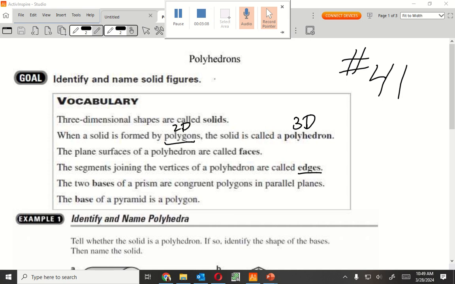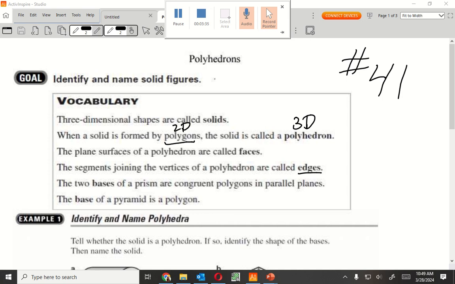Two bases of a prism are congruent polygons in parallel planes. So now, that means that, see the top right here and the bottom right here? These two, if they're congruent, then these two are going to be the parallel top and bottom. Left and right are also going to be parallel in this shape right here. And the base of a pyramid is a polygon. Now, a pyramid, you guys know, goes to a point.